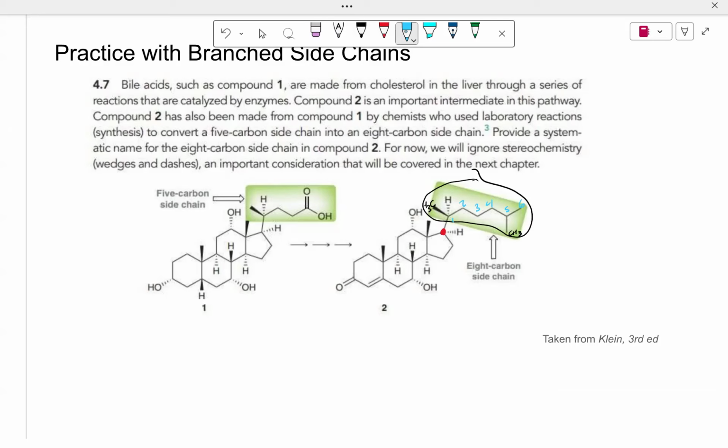And so notice I have on number 1, there's a methyl, and number 5, there's a methyl. So the name of this side chain would be 1,5-dimethyl hexyl. And then if we were going to put it in the whole name, we would put it in parentheses.